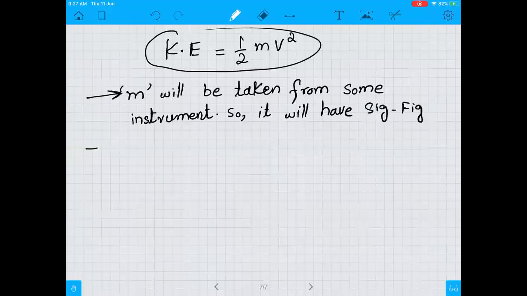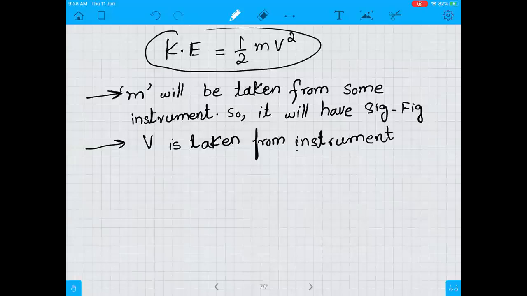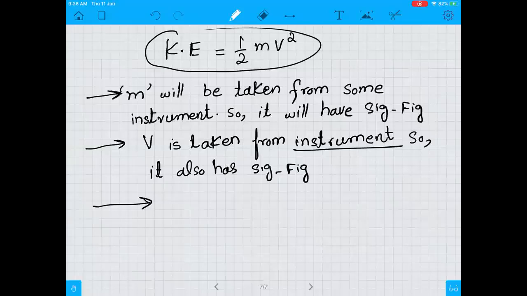In the same manner, v is taken from an instrument. So for v you will also use some instruments, hence it also has significant figures. 1 over 2 is not taken from any instrument. It is just a constant that will always remain 1 over 2.